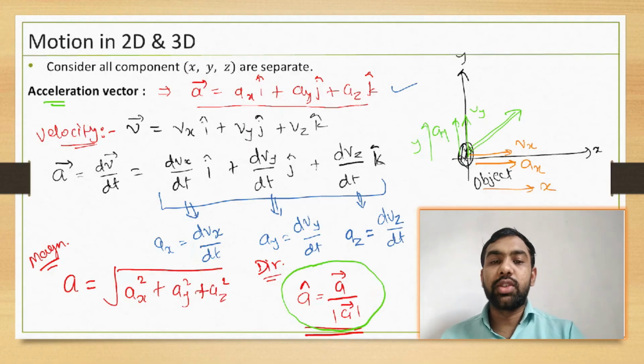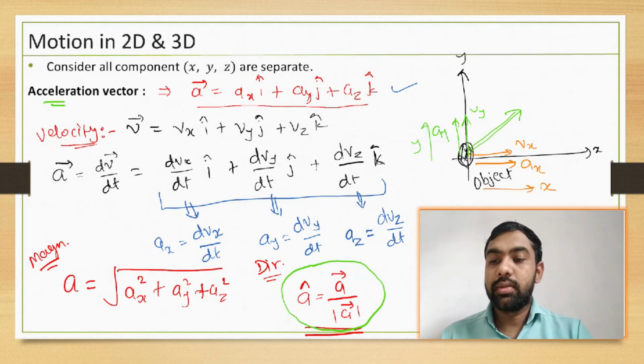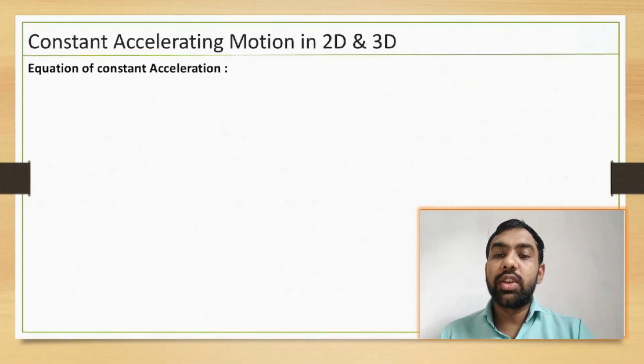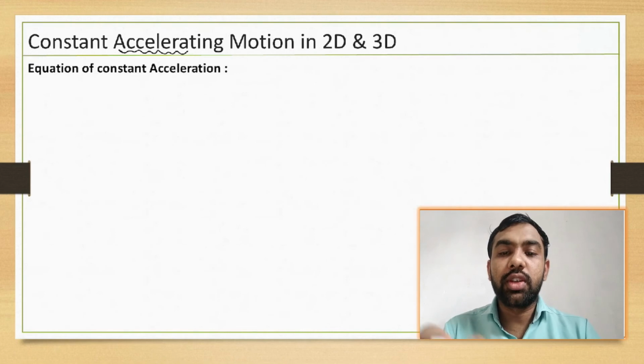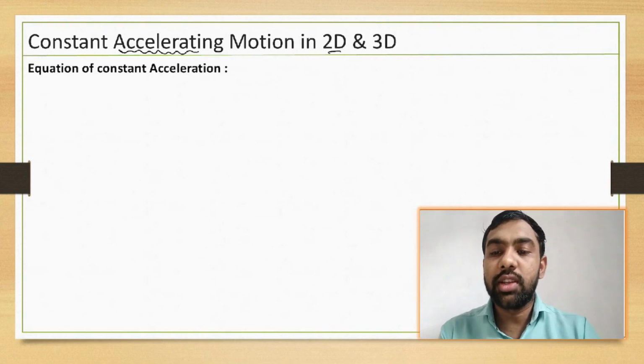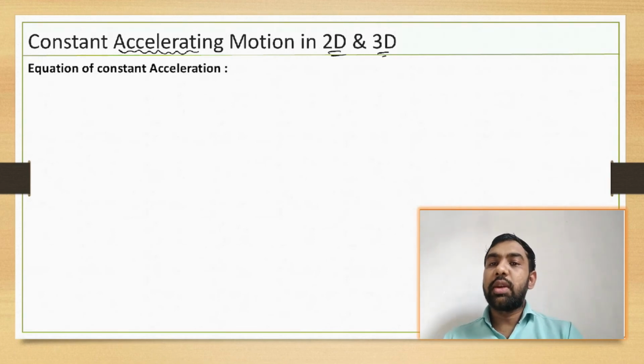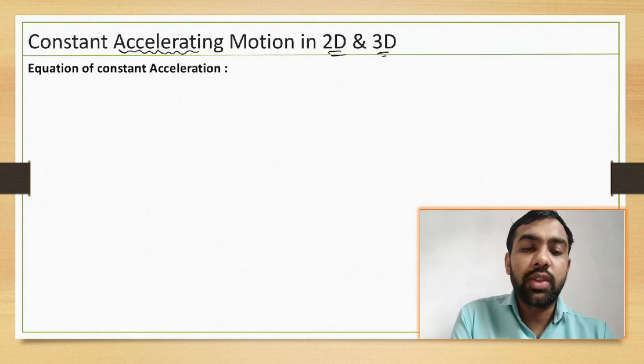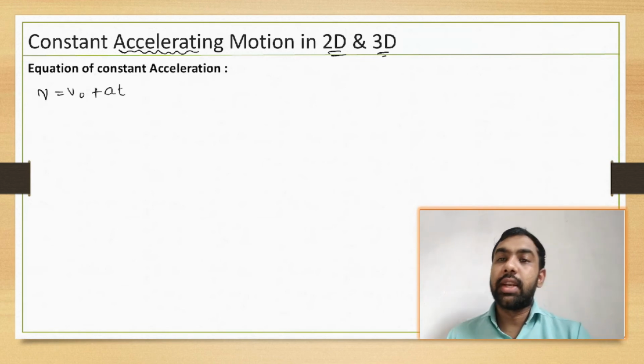We come back to the study. Now the next one is constant accelerating motion in 2 dimensions and 3 dimensions. Here we apply all the same rules. What are the original equations? V is equal to V0 plus at.